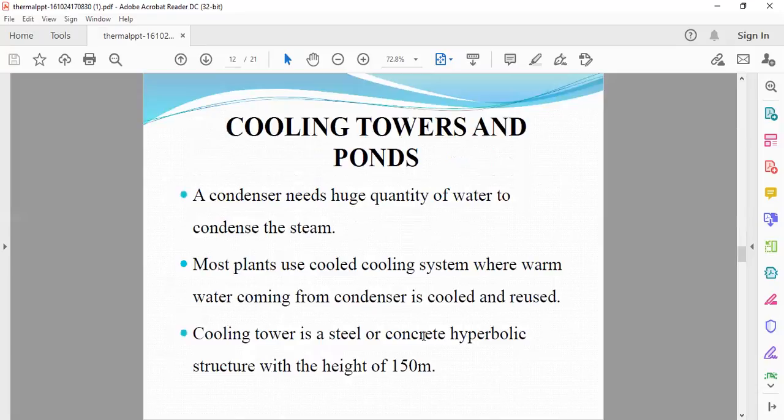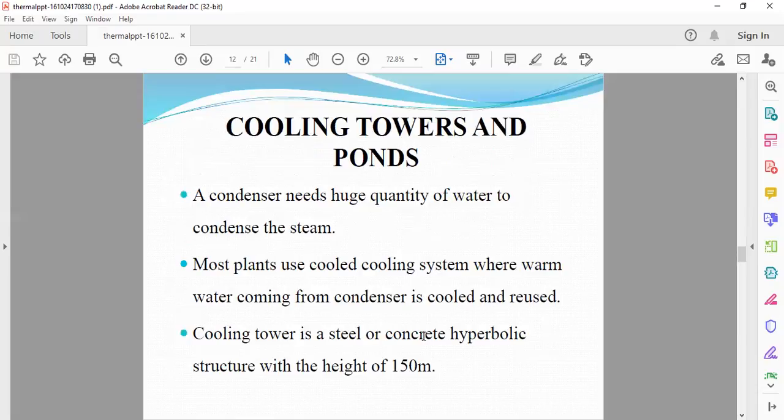And from the condenser, the water goes to cooling towers and ponds. The condenser needs a huge quantity of water. To cool the steam, we require a large amount of water to condense it. Most plants use a closed cooling system where warm water coming from the condenser is cooled and reused.